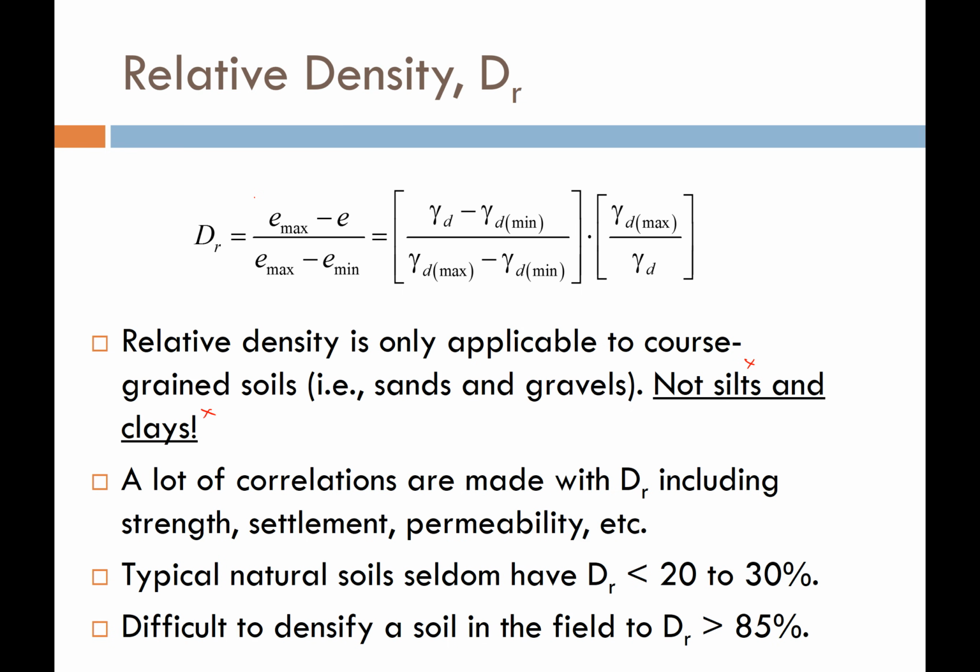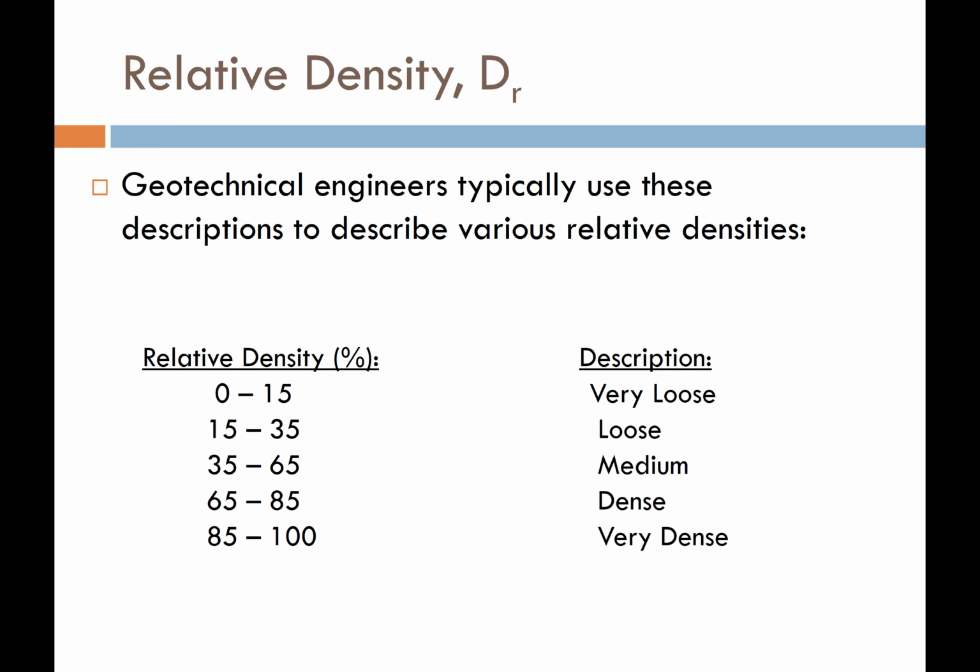So, with that being said, a couple of ranges that you might be interested in seeing. We typically have different descriptions to describe ranges of relative density. For instance, if I have a soil that is between 65 to 85% relative density, we will often call this soil dense.